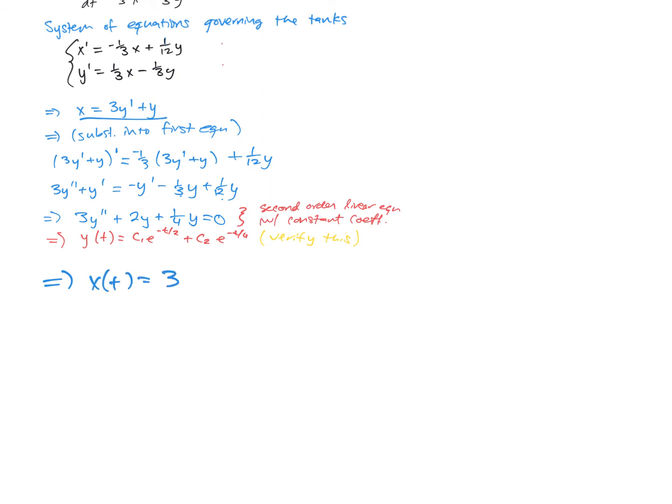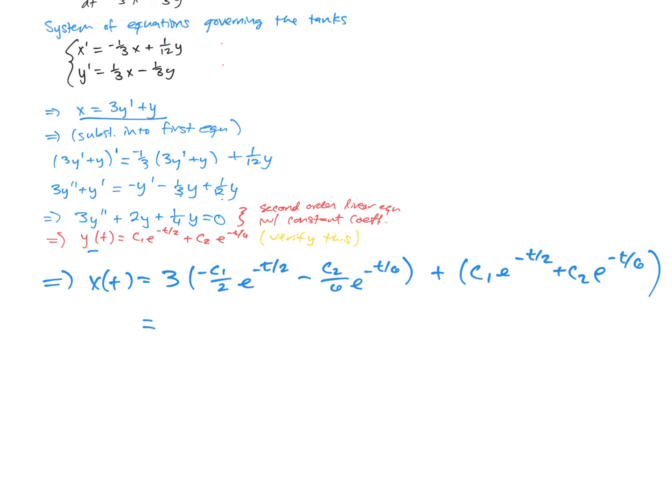Now let's take the derivative of our y here. So we get negative c1 over 2 e to the negative t over 2 minus c2 over 6 e to the negative t over 6 plus y. So we get that same expression again, c1 e to the negative t over 2 plus c2 e to the negative t over 6.